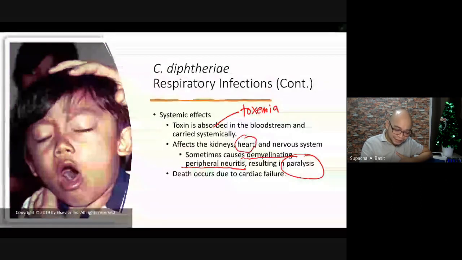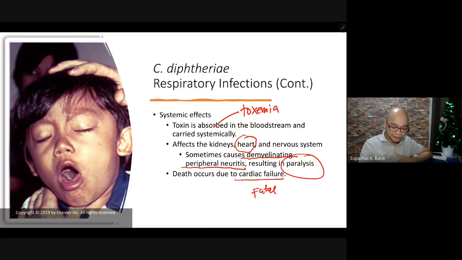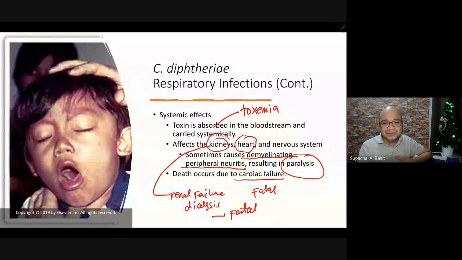If the heart is affected, there could be cardiac failure, which could be fatal as well. If the kidneys are affected, there would be renal failure, requiring patients to be on dialysis, and if not, it could also be fatal. That's the reason why we do not want toxemia. As much as possible, we should immunize our children so that they do not have to suffer from the effects of Corynebacterium diphtheriae respiratory infections and their consequences.